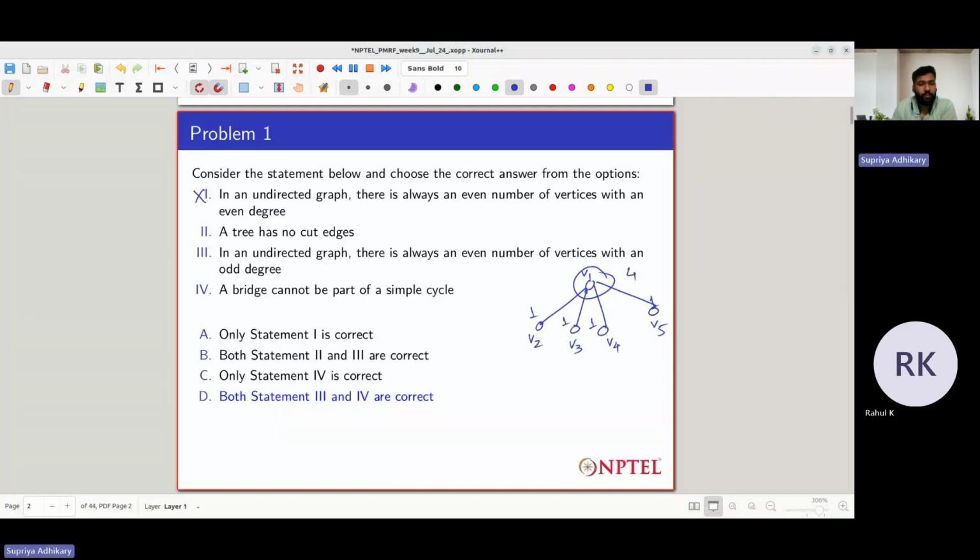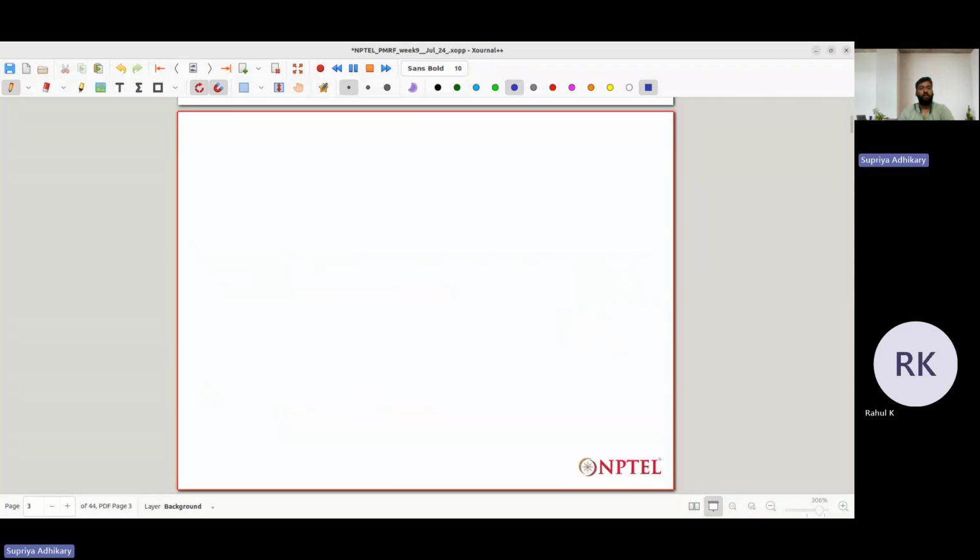What about statement 2? Statement 2 says that a tree has no cut edge. Now, this is also not true. Why? Because we can prove that every edge in a tree is a cut edge, or we can also call it a bridge.